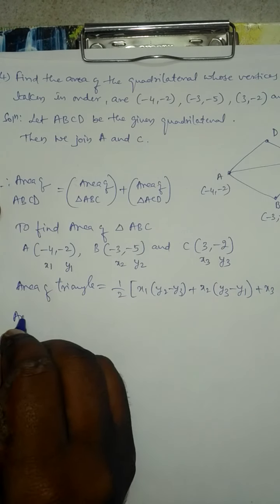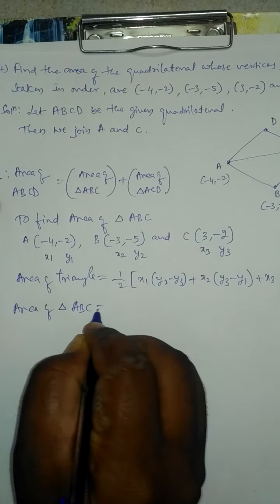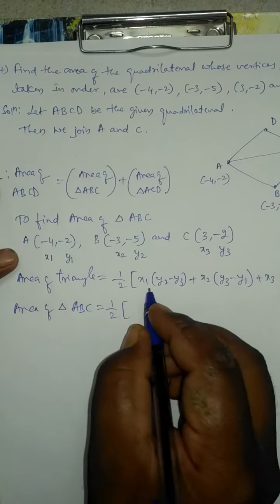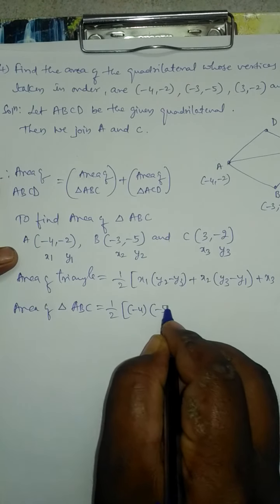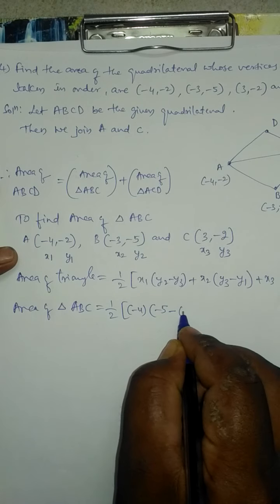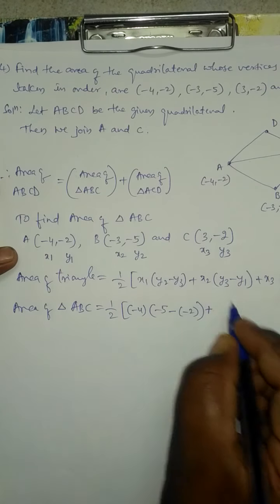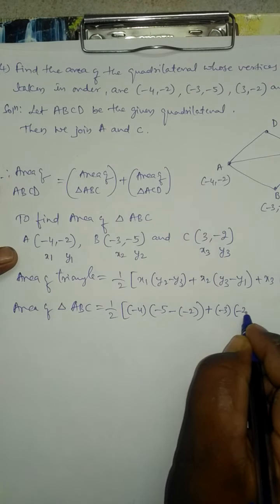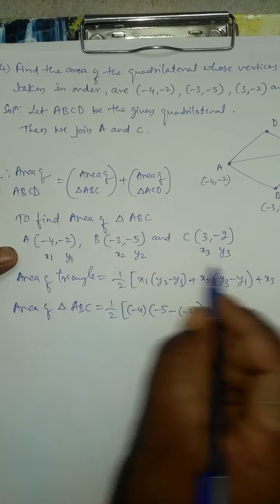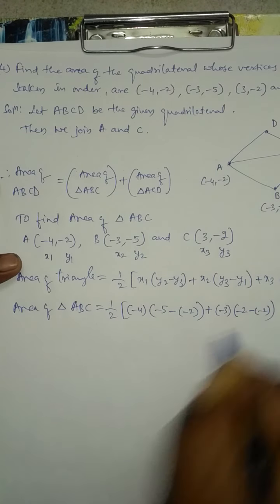So area of triangle ABC is equal to half as it is. Here x1 is minus 4, y2 is minus 5, minus y3 is minus 2. We have to close this. Then x2 is minus 3, y3 is minus 2, minus of y1 is minus 2. Close the bracket.